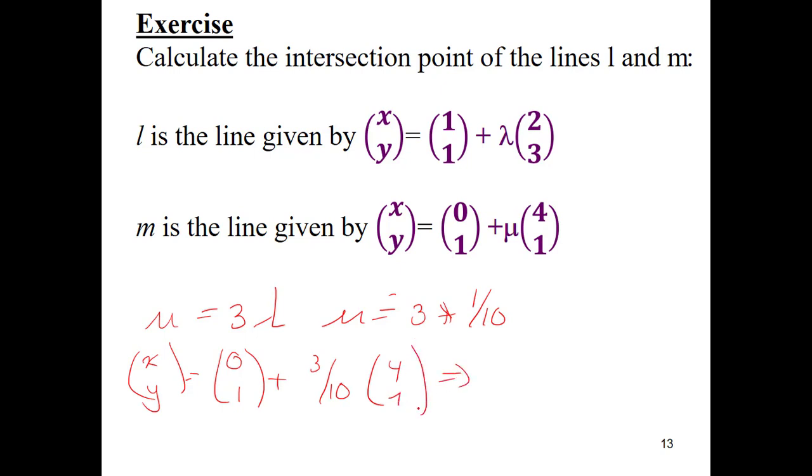Okay, so that would give us the intersection point (0 + 12/10, 1 + 3/10), which is (12/10, 13/10). And that's, thank God, the same point as we've calculated with the lambda parameter. So indeed, we have found an intersection point of the two lines.